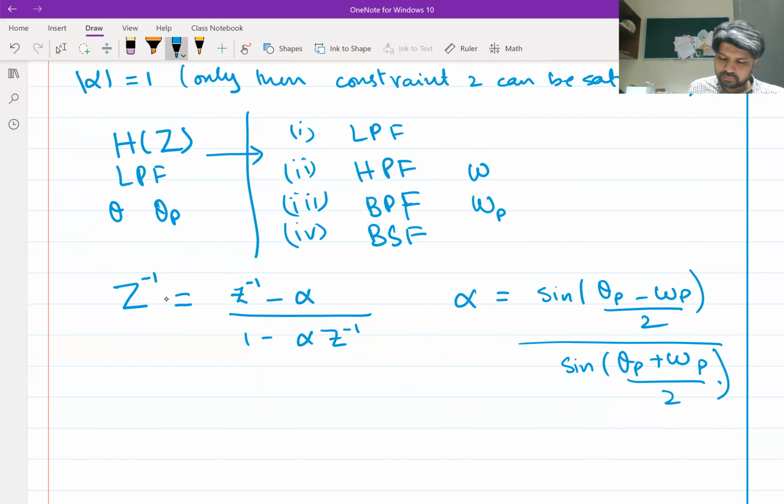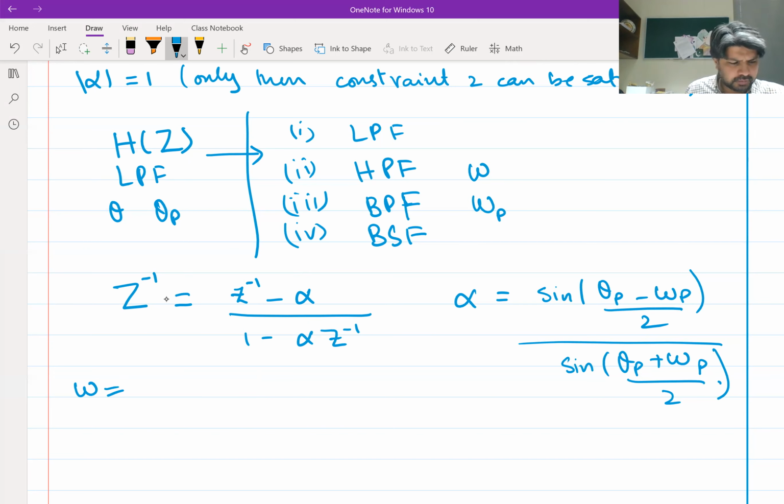Using these two equations, you can solve for omega. I did the proof in my notes, but I would not do it for the sake of time. It's not very difficult, but it is a little bit involved. You have to represent these forms in sine and cosine, then take the ratio to get the tangent form, and then take the tangent inverse.